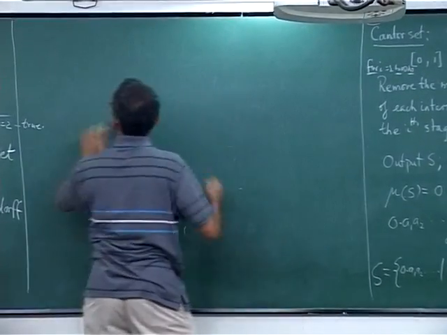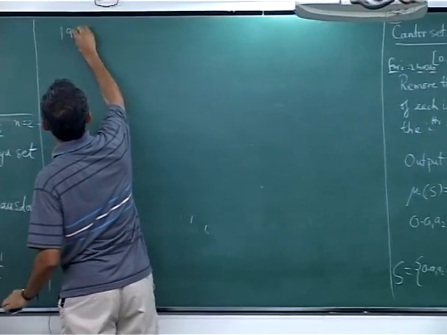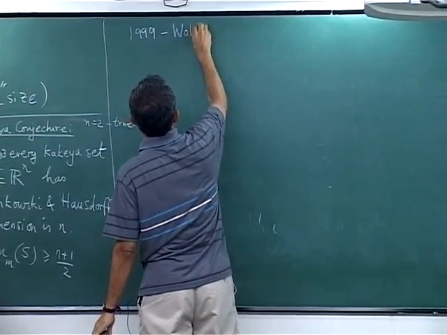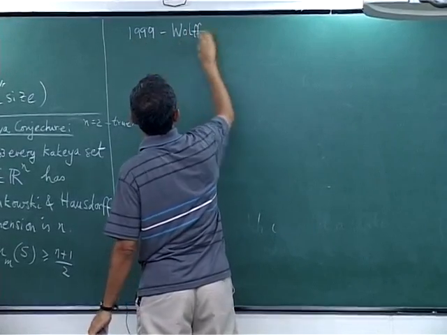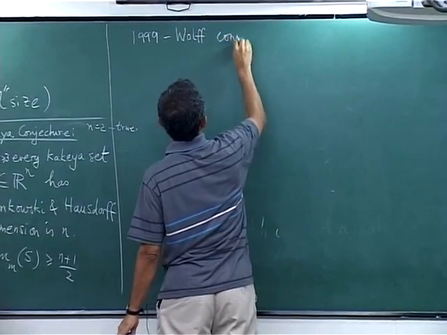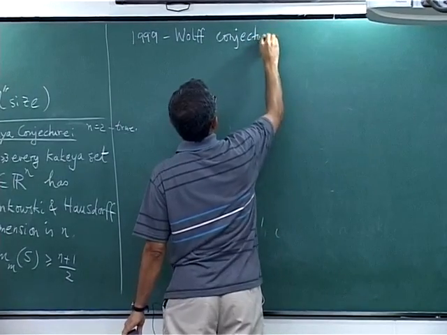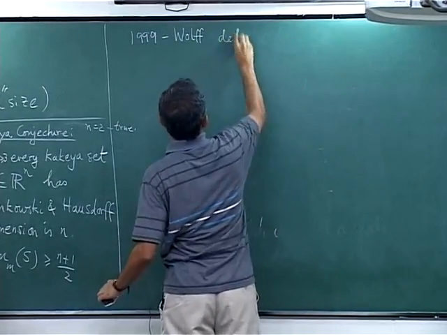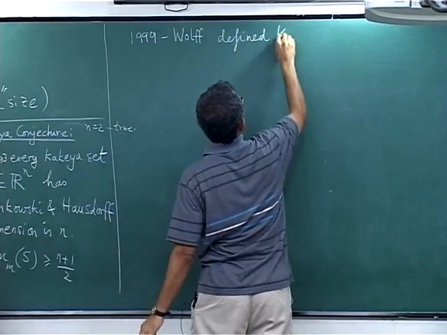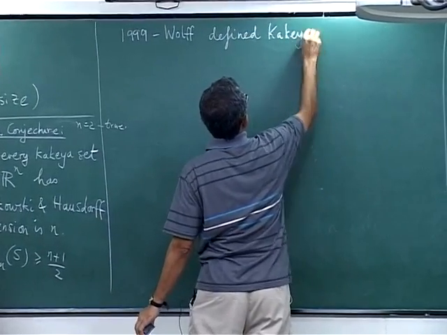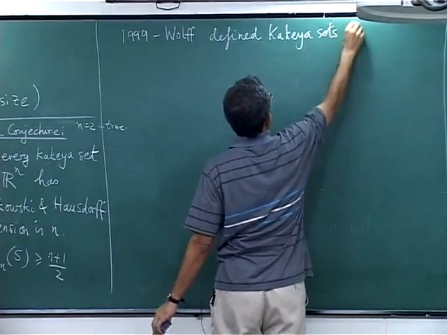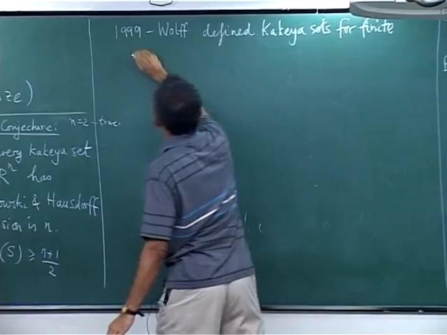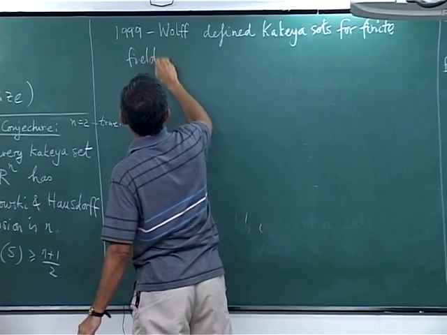So sometime in 1999, a combinatorialist or whatever mathematician called Wolff conjectured, or defined, Kakeya sets for finite fields as follows.